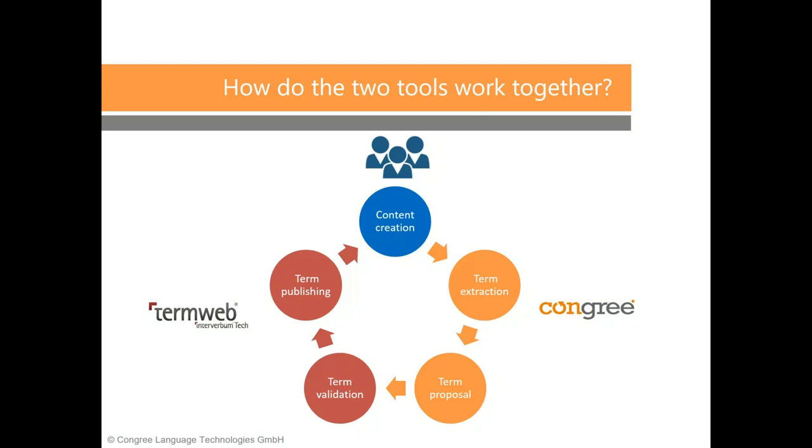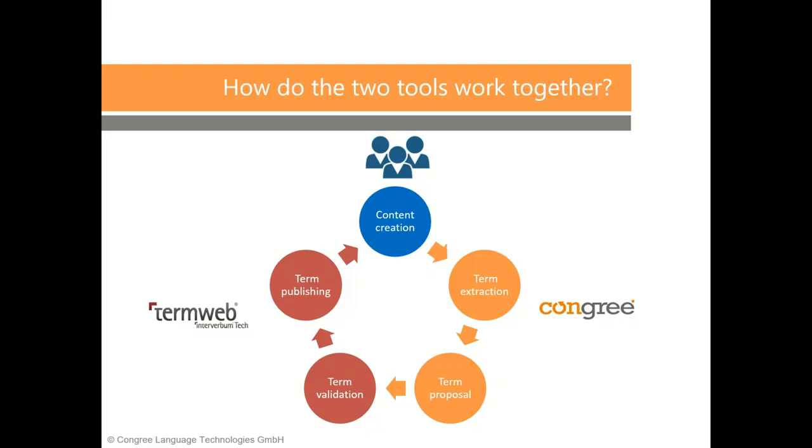And while you create content, Congree already starts to extract new term candidates. And the term extraction is later provided to a term proposal system in which some responsible personnel, for example, the terminologist, can propose terms into TermWeb.